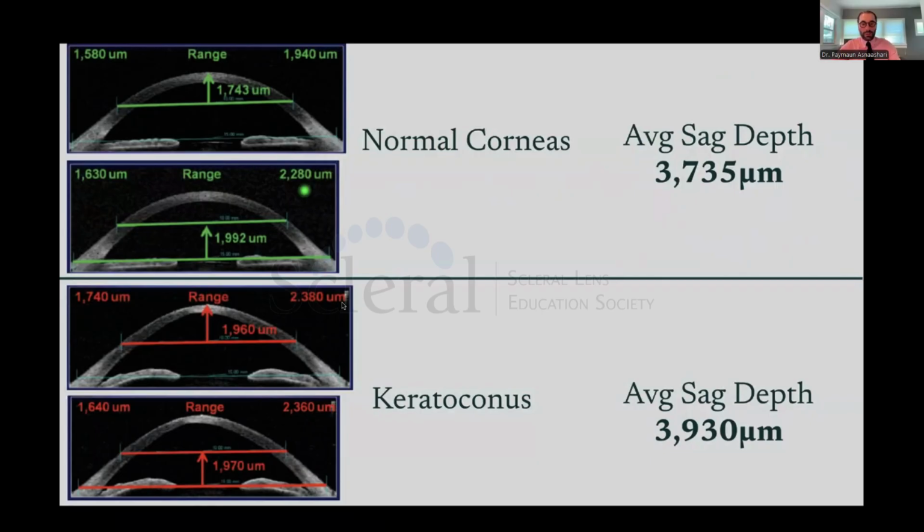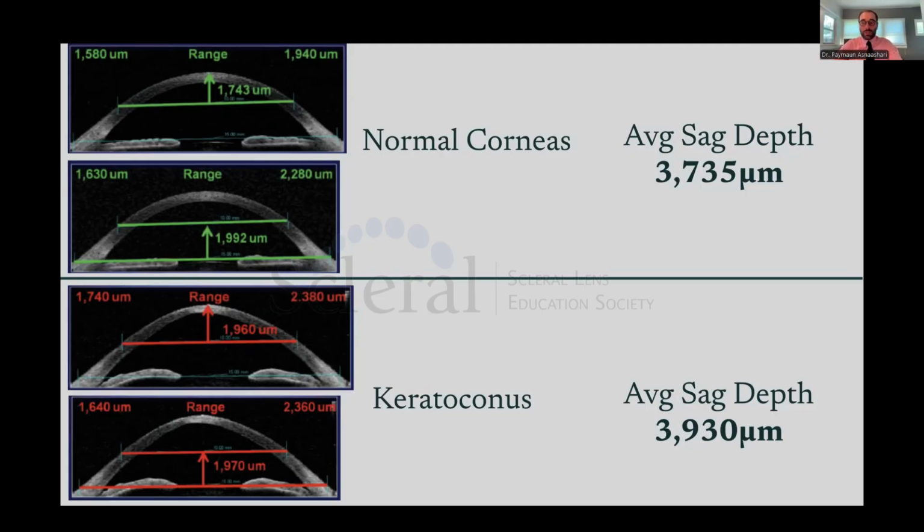In keratoconus patients, we would expect the sagittal depth to be larger. So the average in keratoconus is about 3,930. And again, in keratoconus the condition is progressive, so the sagittal depth may not exactly match this. But these are just average numbers, so you have an idea of what the sagittal depth is.